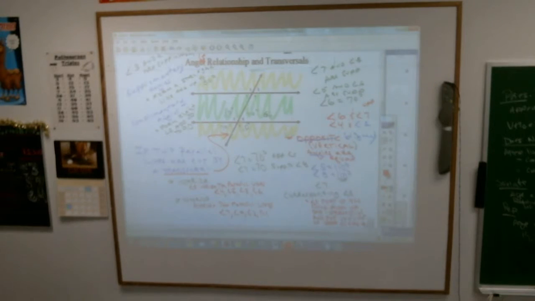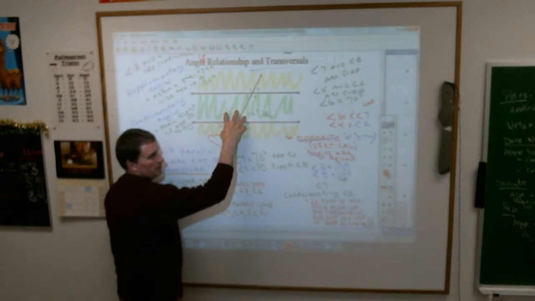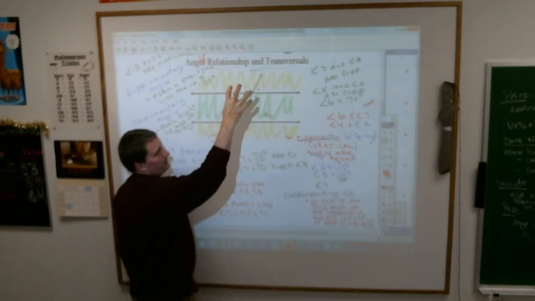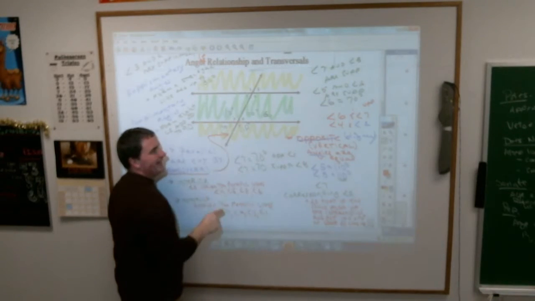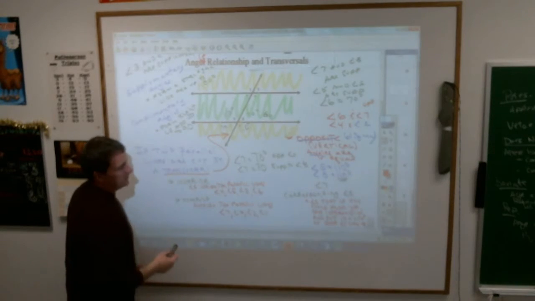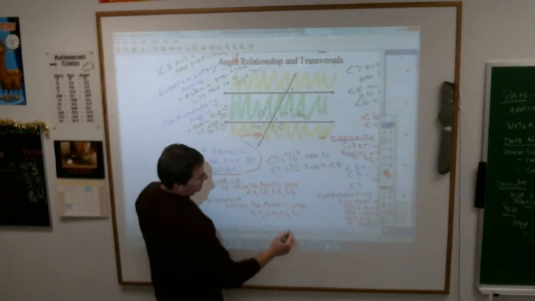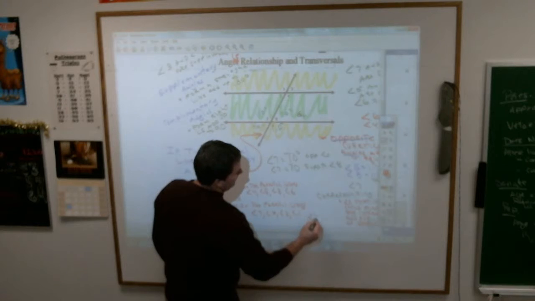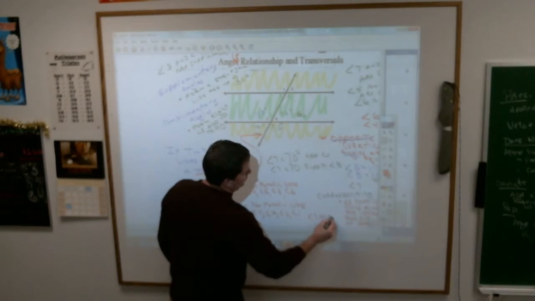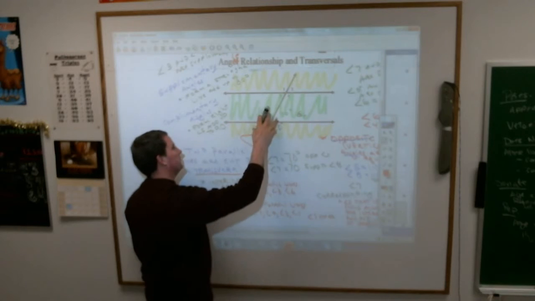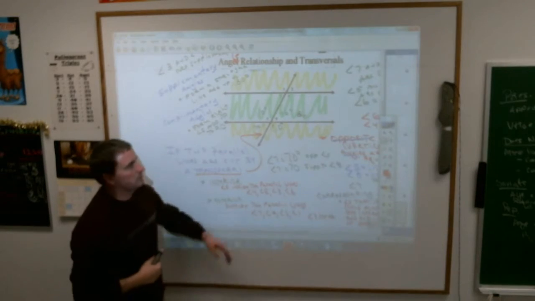Let's say I could take this intersection right here, rip it out, put it on top of this intersection there. What angles line up with each other? Angle 7 on this one, if I pulled it out and set it on top of this one, would correspond to what angle on this one?